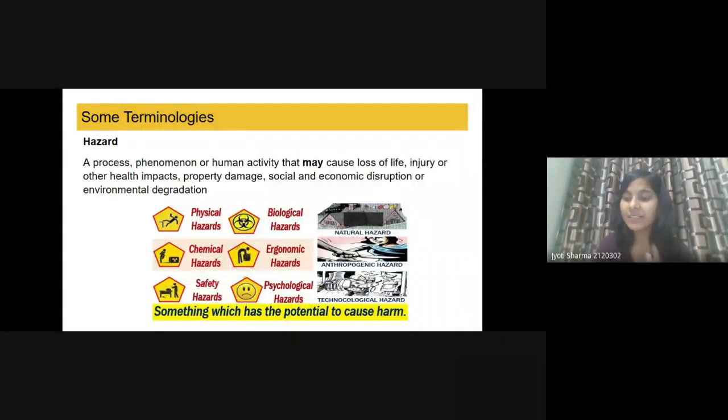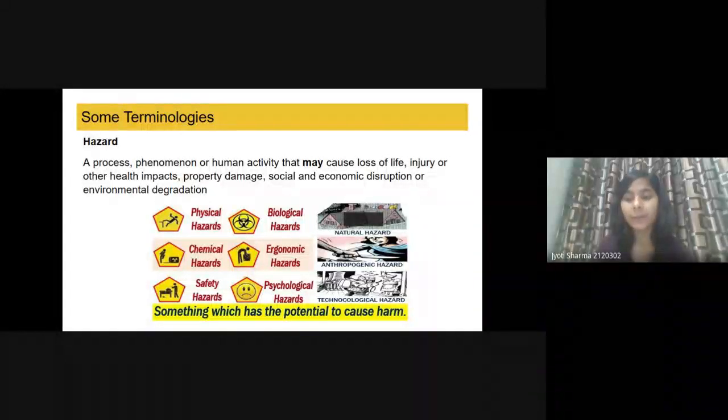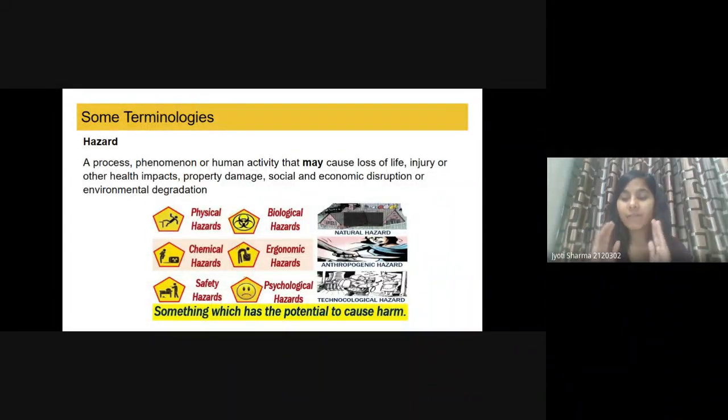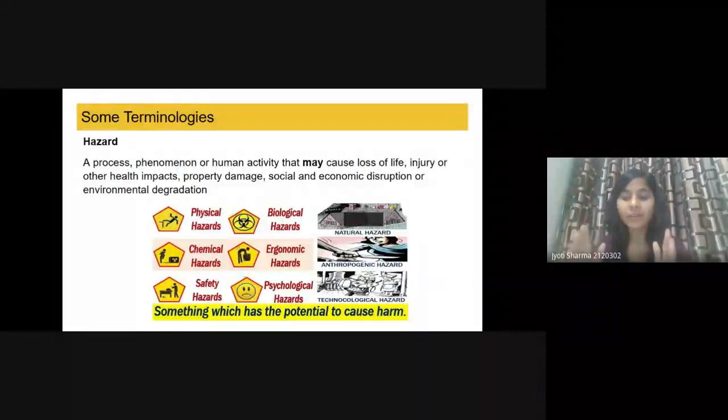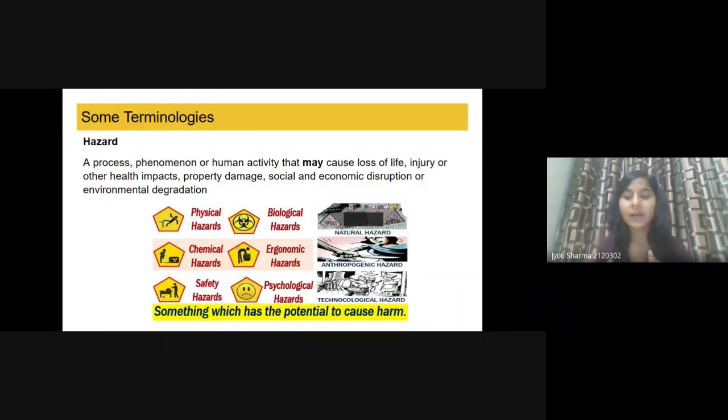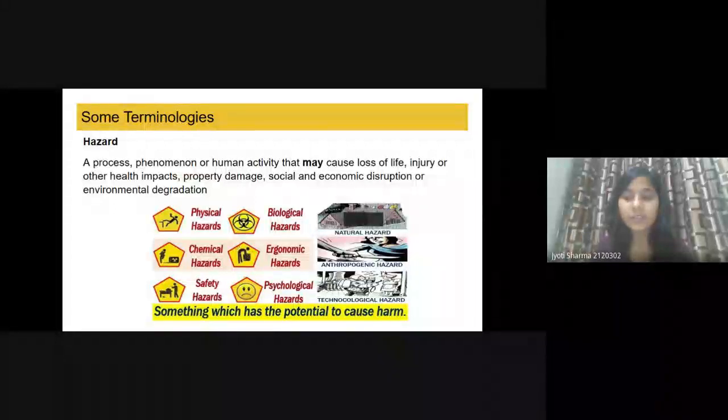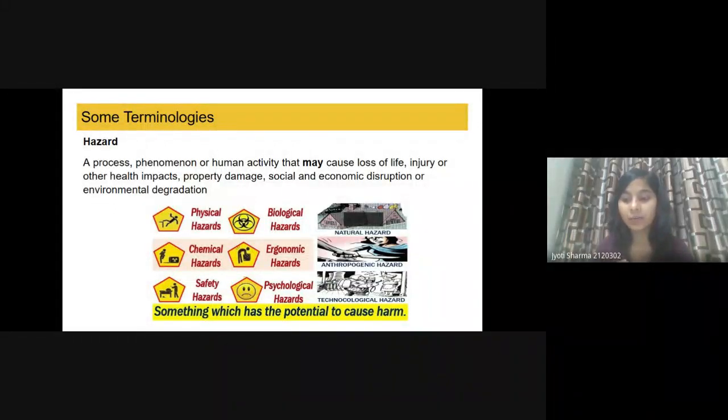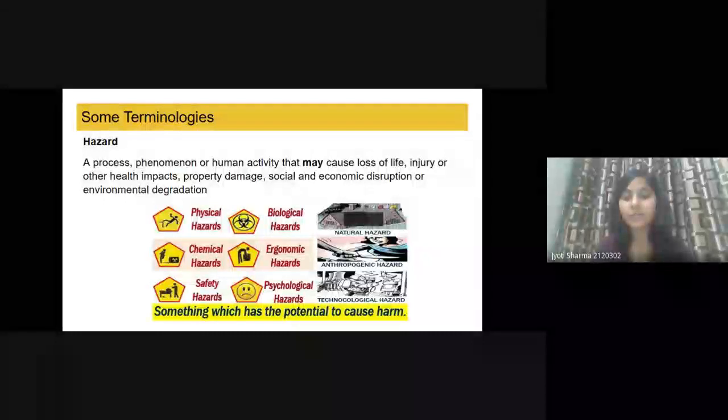But we will say that because we are using explosive chemicals there, this may cause a disaster, but these are not causing the disaster. Because it is a hazard only, it may cause some kind of accident, it may cause the loss of life, but we are just warning ourselves. Yes, because there is some work related to explosiveness, we must take care of it.